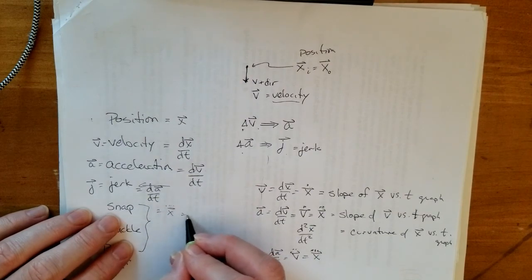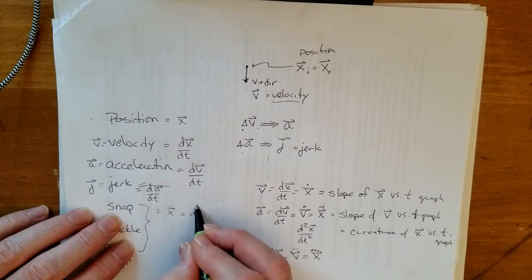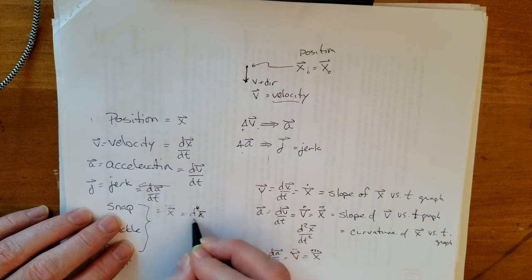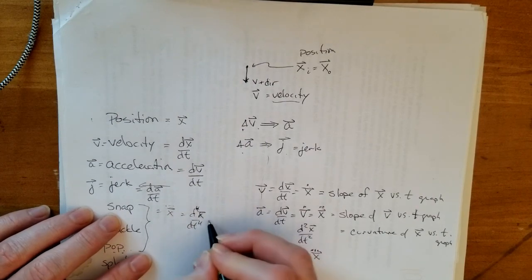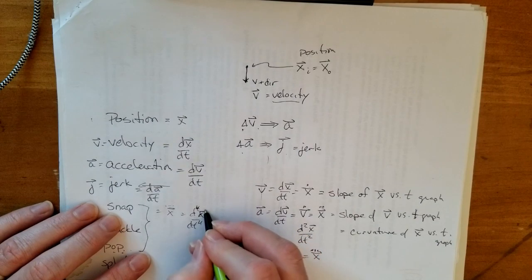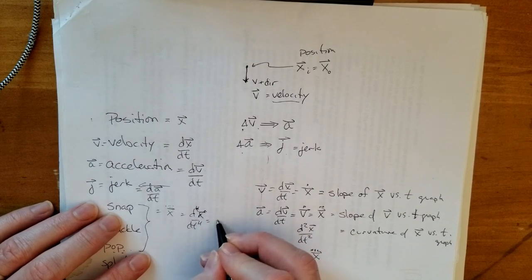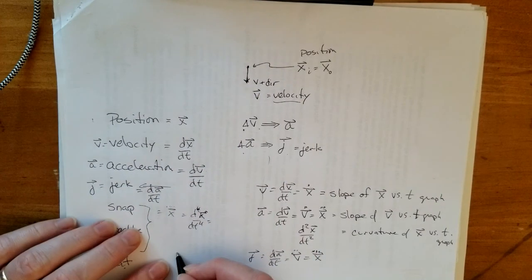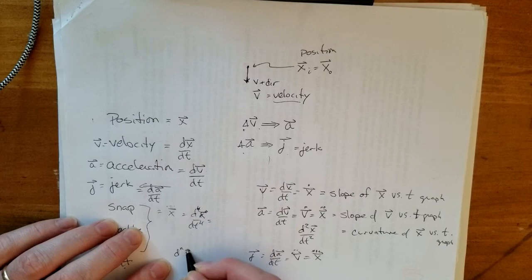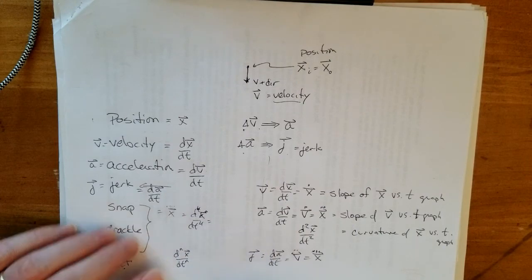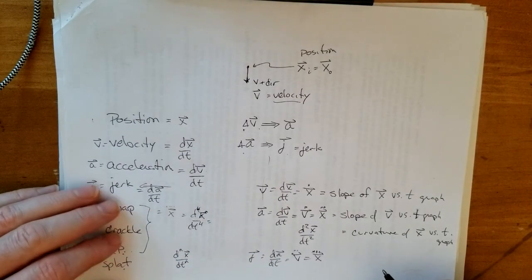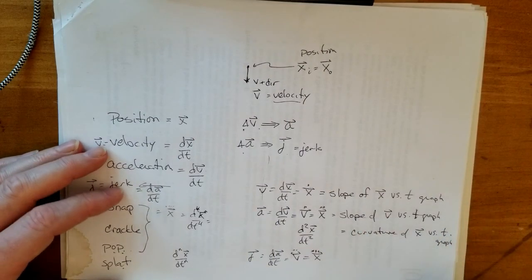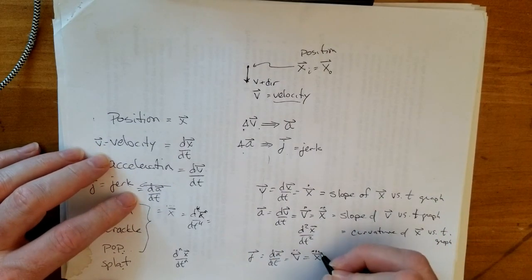Generally what you would see is d^4 x dt^4, or for a generic derivative somewhere in this list, d^n x dt^n for the nth derivative. I think that's common math notation as well, not just a physics thing. It's been a while since I've had the formal math class.